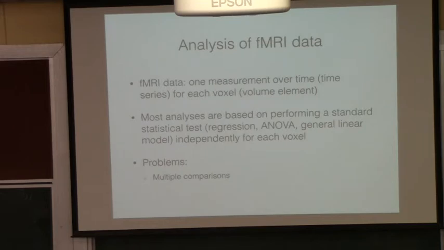We'll go over some of the general linear models that we use for those sorts of analysis. One of the main problems with MRI imaging is you're partitioning the brain into hundreds of voxels, and so you have multiple comparisons. You need to make sure that you correct for the fact that you're running comparisons over hundreds of different voxels to make sure that the results you have are statistically valid.